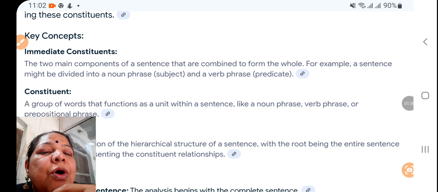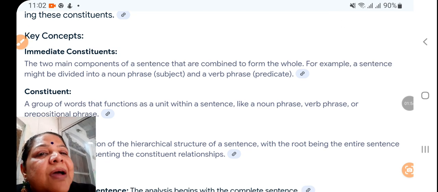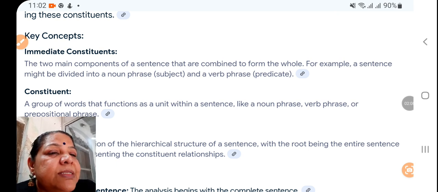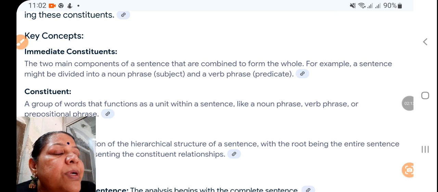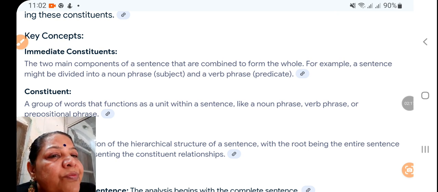Now, what are the key concepts? Immediate constituents. First of all, we have to understand immediate constituents. They are the two main components of a sentence that are combined to form the whole. For example, a sentence might be divided into a noun phrase and a verb phrase, the predicate.